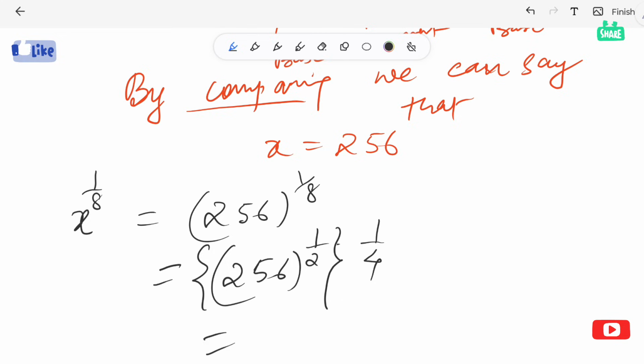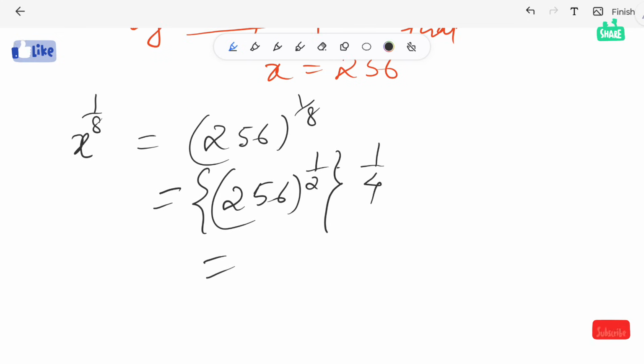Because powers are multiplied with each other from the exponent formula. Whenever there is a power 1 by 2, students, it means it is a square root of that number. So 256 whose power is 1 by 2 means the square root of 256, and which also has the power 1 by 4.